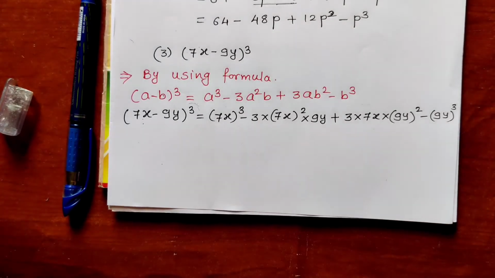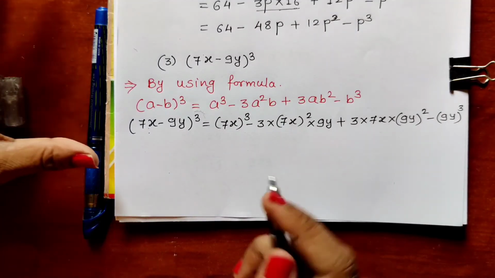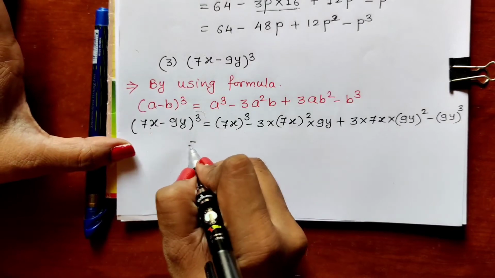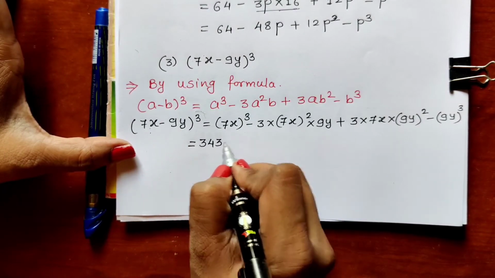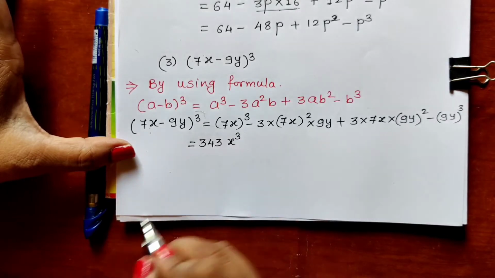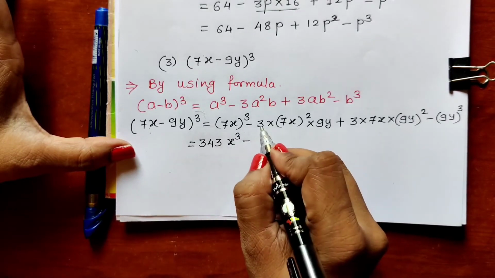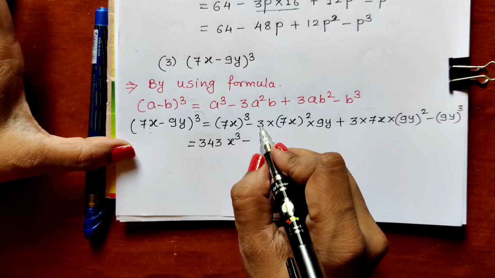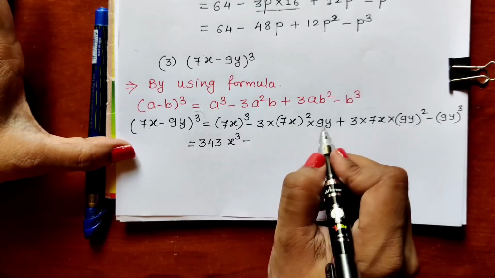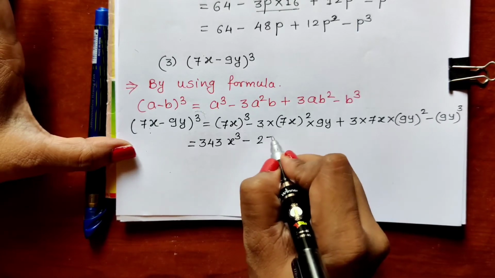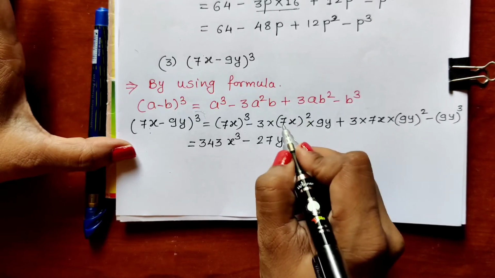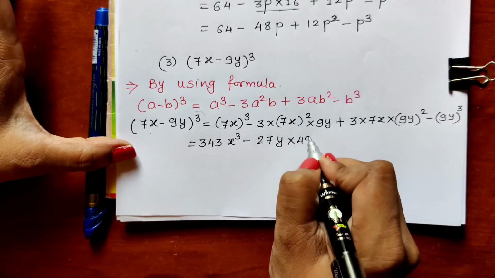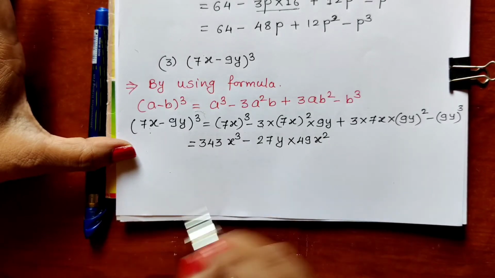Now solve. (7x) cube: cube of 7 is 343, as we all know, and cube of x is x cube. Minus, we multiply 3 and 9y: 9 threes are 27y into (7x) square. Square of 7 is 49, square of x is x square.